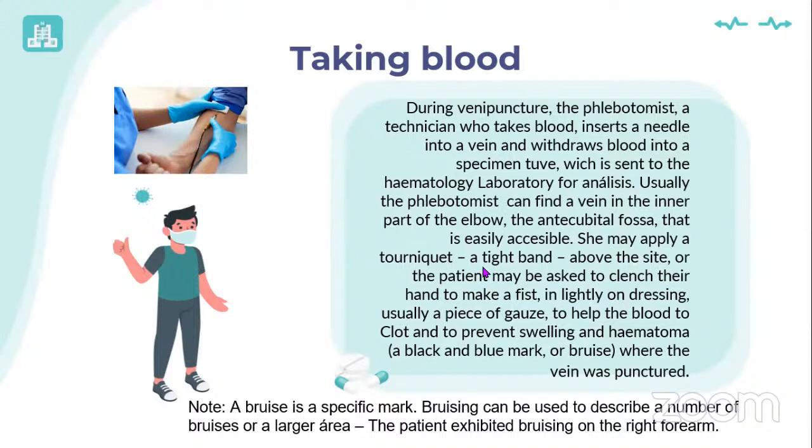But we usually saw a tight band or a tourniquet right here, about this side. Or the patient may be asked to clench their hand. In this case, this patient is clenching, okay? Do you understand this word, clench, now? Or do you remember what is a fist?